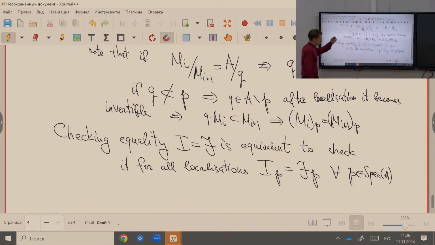So this means that we can just localize, so we can prove the equality of the norms after localization.